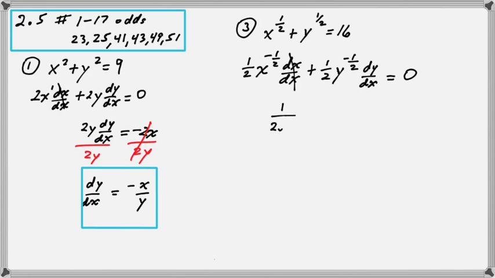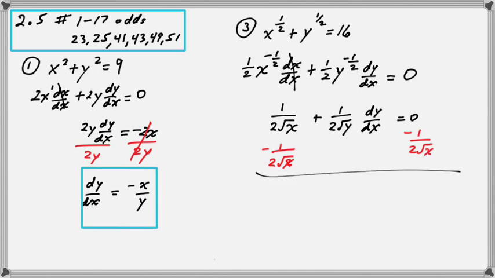So this is 1 over 2 radical x plus 1 over 2 radical y dy/dx equals 0. I would subtract the 1 over 2 radical x, leaving me 1 over 2 radical y times dy/dx equals negative 1 over 2 radical x.